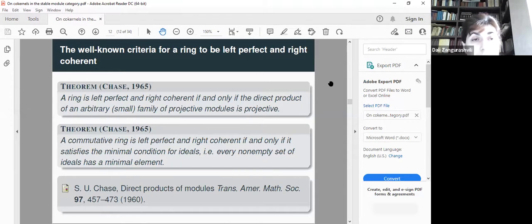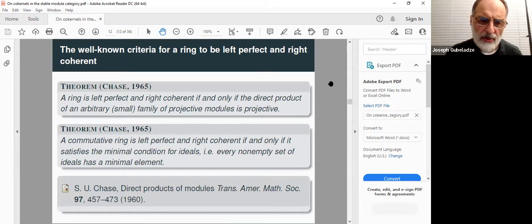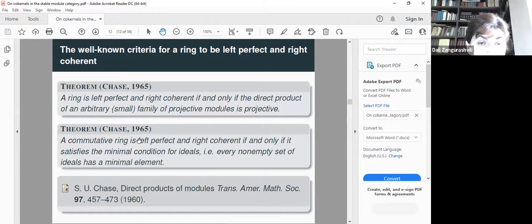It asserts that a ring is left perfect and right coherent if and only if the direct product of an arbitrary small family of projective modules is projective. About this theorem, for commutative rings, why do we say left and right? Yes, we don't need left and right here.